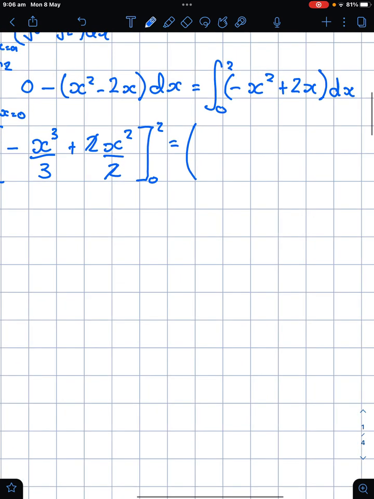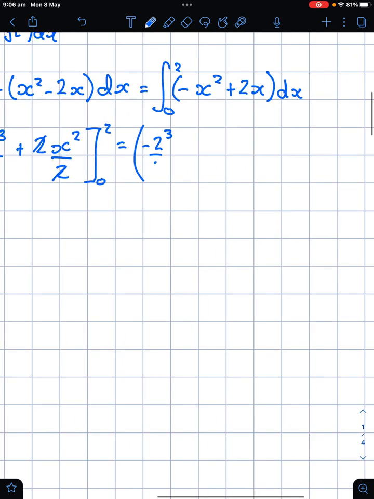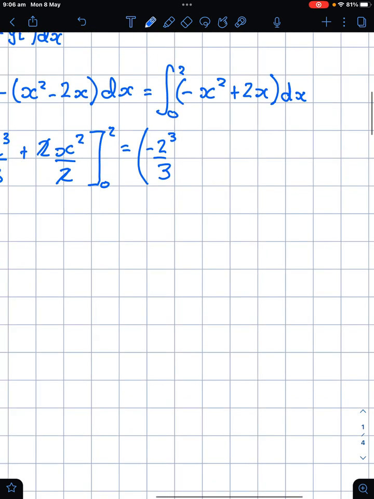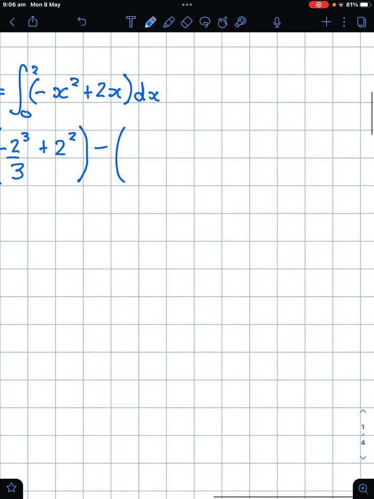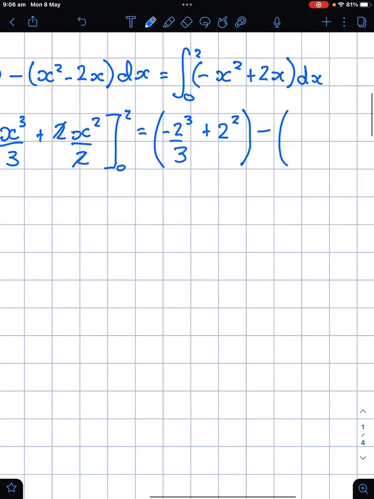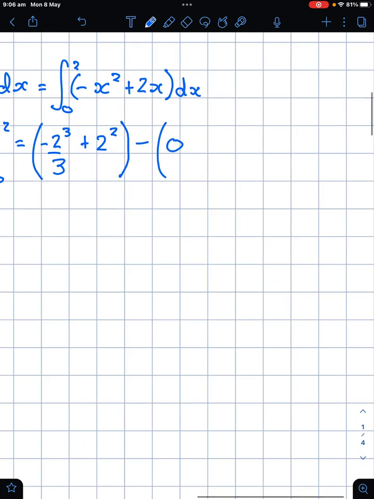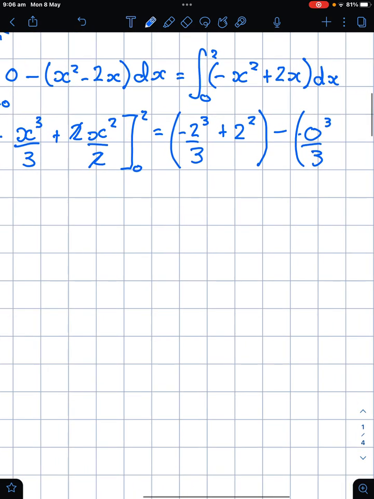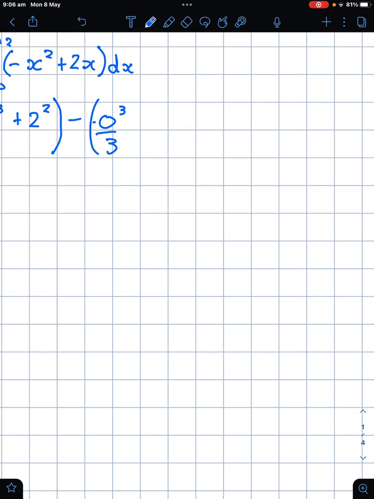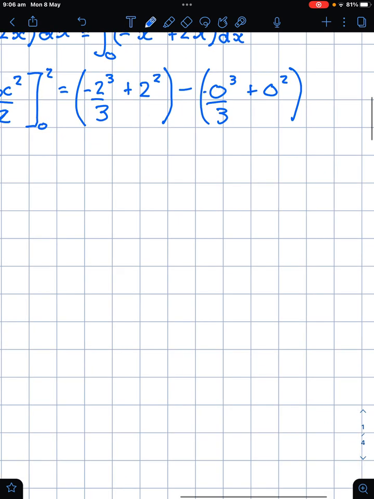Our upper bound is going to be minus 2 cubed over 3, plus 2 squared, and then minus negative 0 cubed over 3, plus 0 squared. So that will just equal 0.